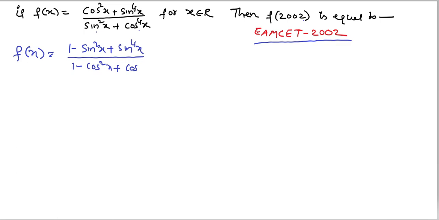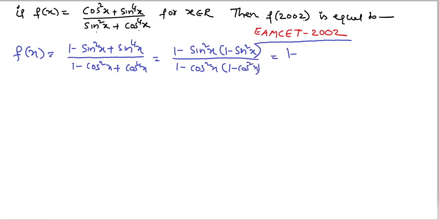Take sin square x common: cos square x into 1 minus sin square x by sin square x into 1 minus cos square x, equal to cos square x into 1 minus sin square x, by sin square x into 1 minus cos square x.